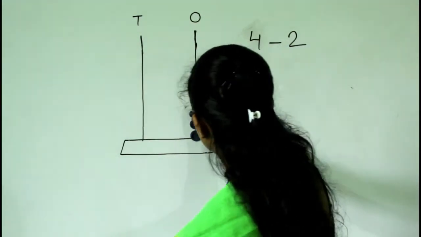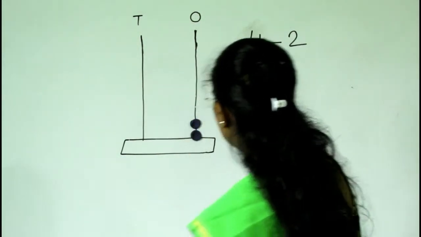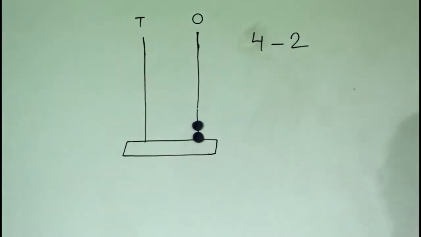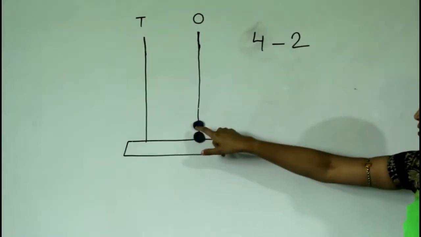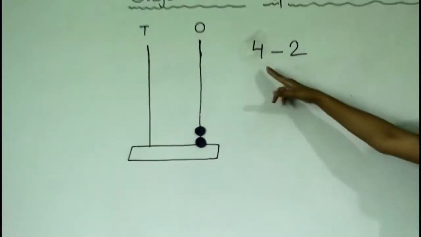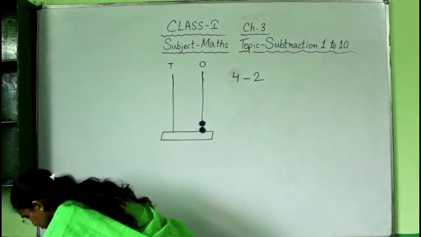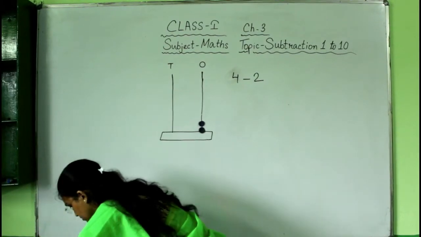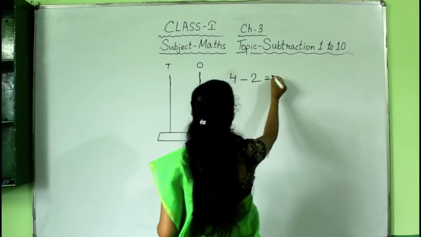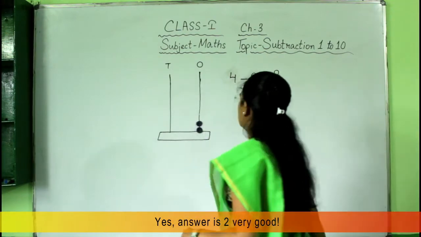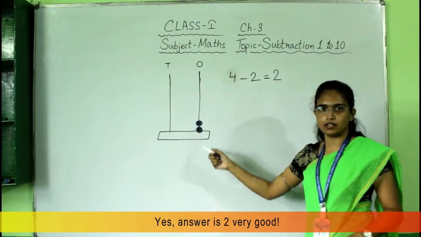If I take 2 balls from here, how many balls are left? Let's count. 1, 2. Yes. So 4 minus 2 equals 2. 4 minus 2 equals 2. We got the answer, right?